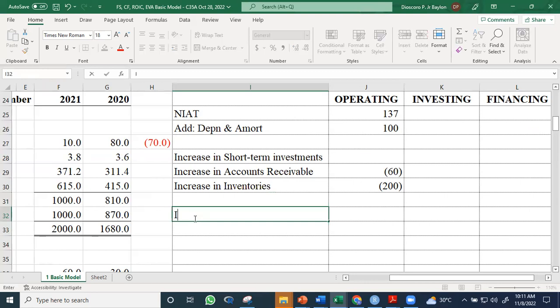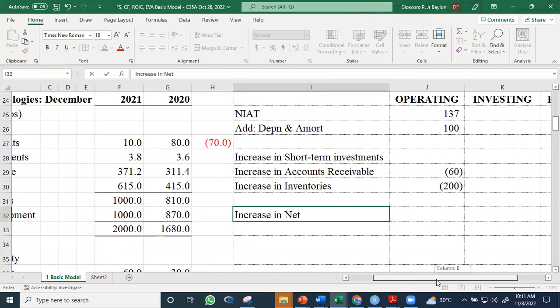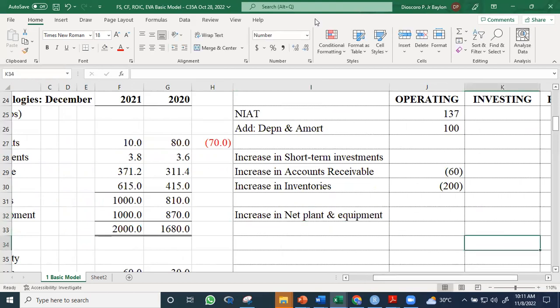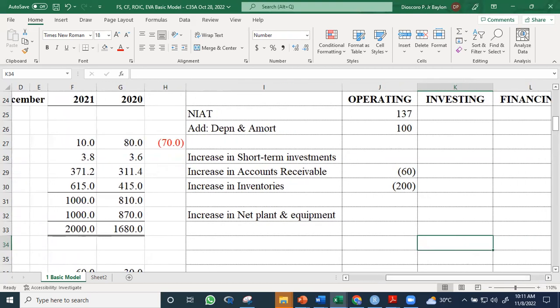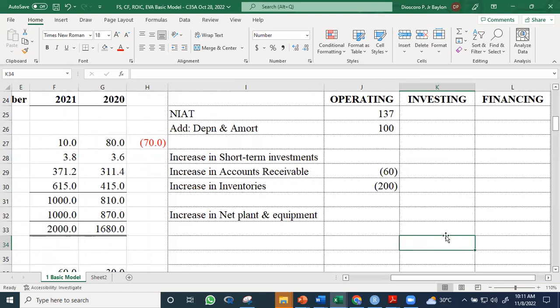What's the account used? Net plant and equipment. Waiting for your chat, guys. Will it fall under operating, investing, or financing? And will it be a source of cash or a use of cash?